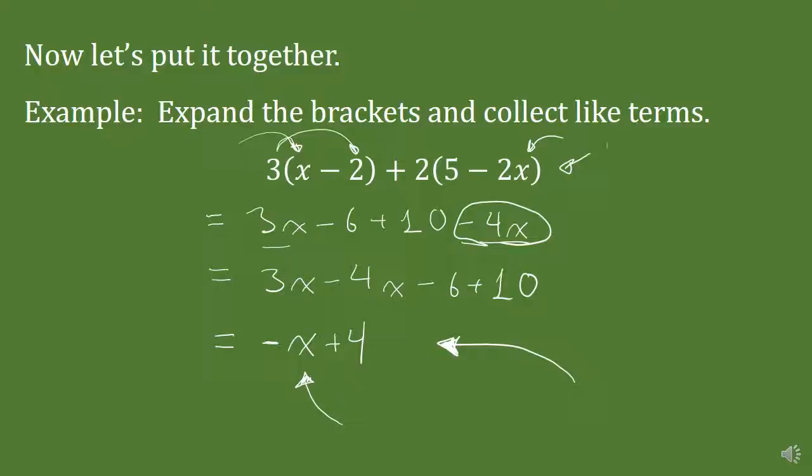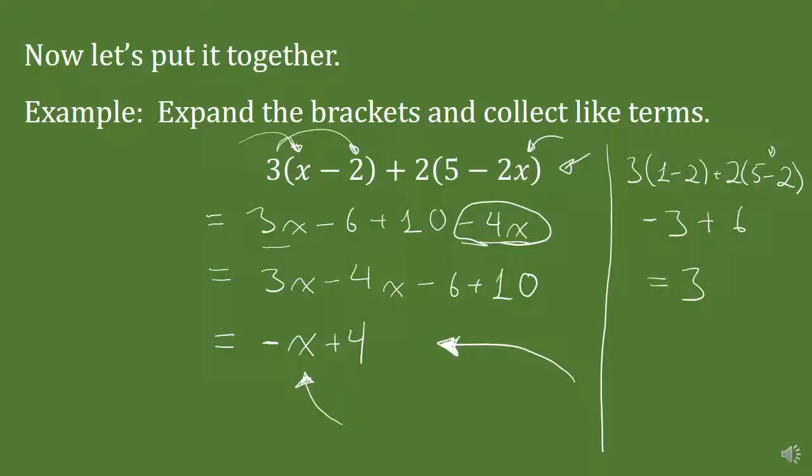So let's just look at that over here. So 3 times 1 minus 2 plus 2 times 5 minus 2 times 1 is 2. So let's see, this is minus 3 plus 2 times 3 is 6.